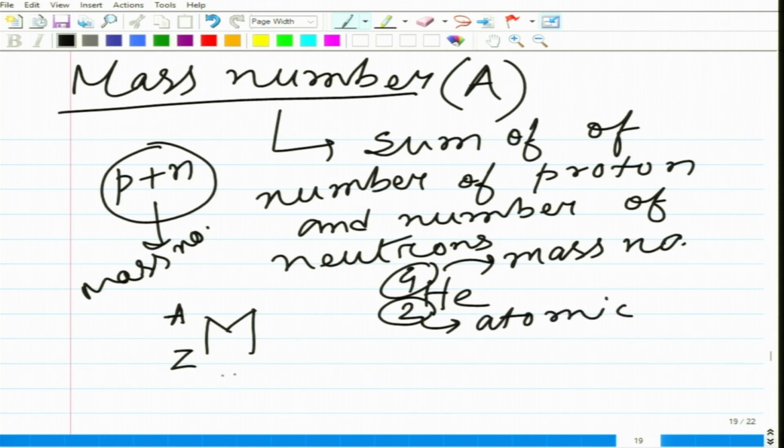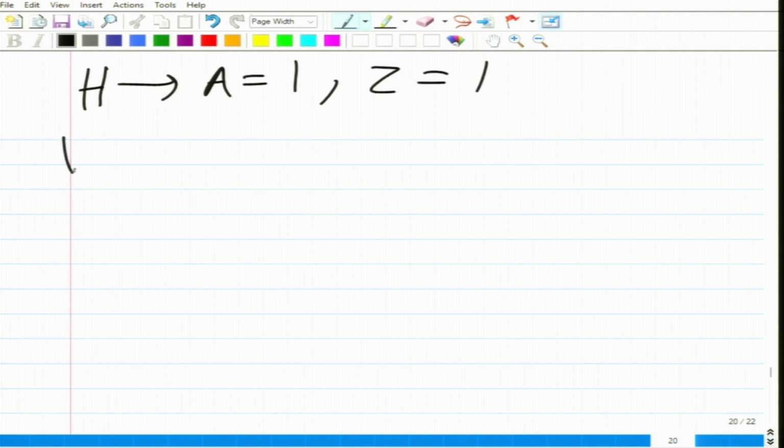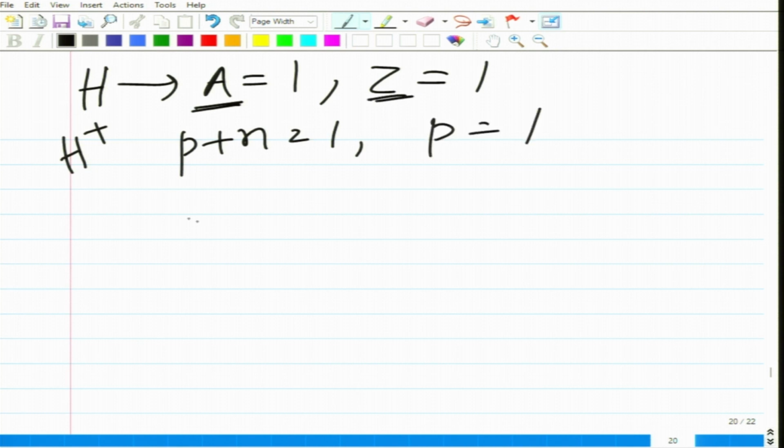If we consider some examples like hydrogen, hydrogen has mass number equal to 1 and atomic number also equal to 1. That's why H plus was a proton. Why? Because mass number is proton plus neutron equal to 1 and atomic number is proton equal to 1.